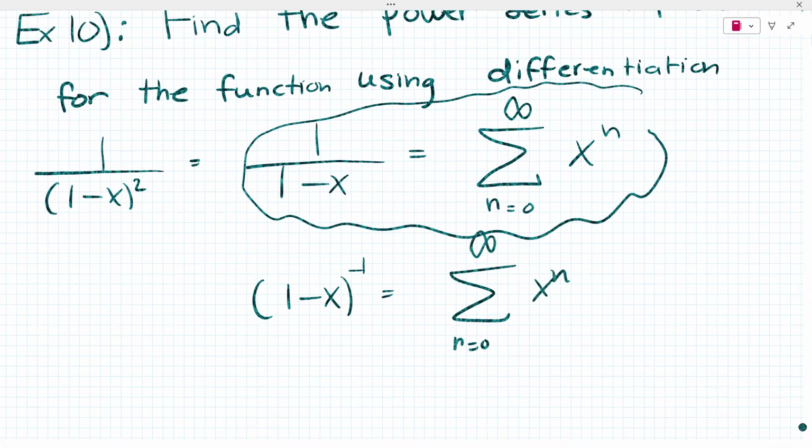Okay, then what I would do is take the derivative of 1 minus x to the negative 1. And the rule states if you take the derivative on one side, you must do it on the other side, right?